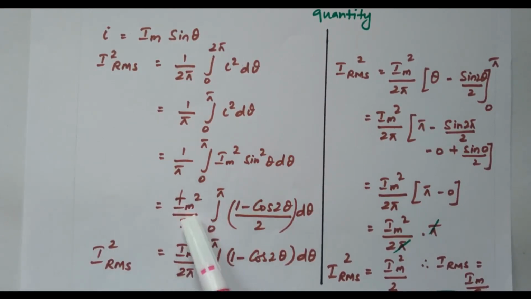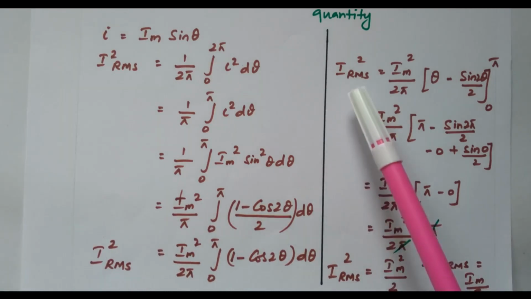So Im square divided by pi, integral 0 to pi of (1 minus cos 2 theta) divided by 2 d theta. Now we can easily integrate this. The 2 is also taken outside, so Im square divided by 2 pi times the integral 0 to pi of (1 minus cos 2 theta) d theta. Now we need to integrate this.